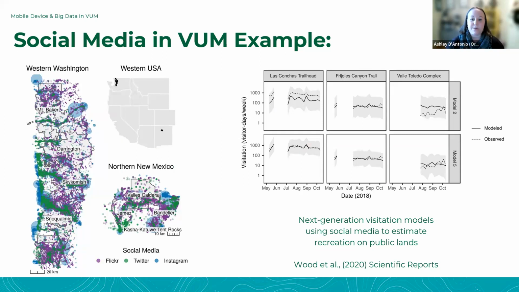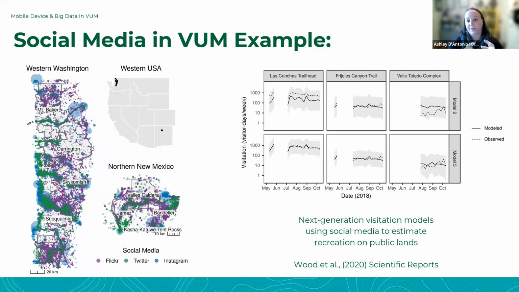I'm sharing this one because a key takeaway from this study is that in some of our lower use, unmonitored locations, the best models incorporate some on-site counts and include some other variables like weather, holidays, days of the month.